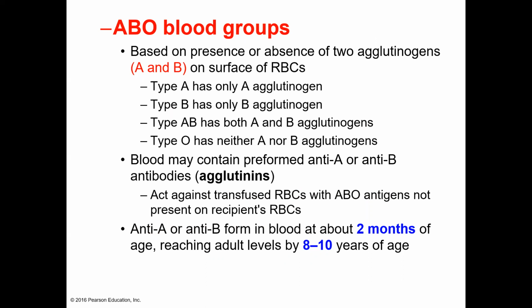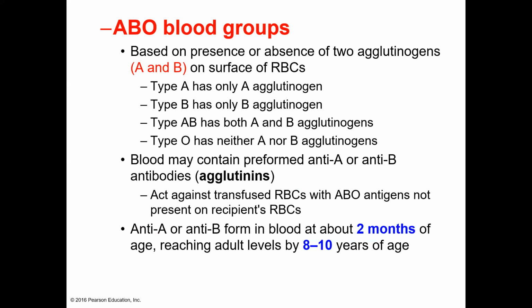We found out that in human red blood cells, there are some antigens or proteins on the surface of each red blood cell. These proteins are unique, and people share similar proteins.